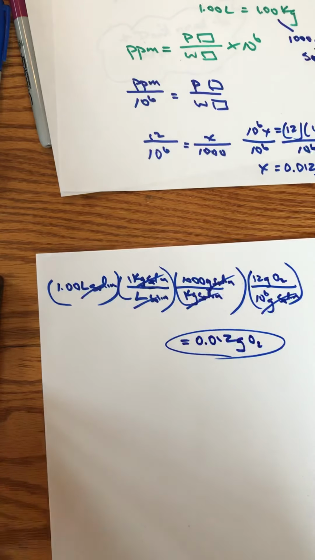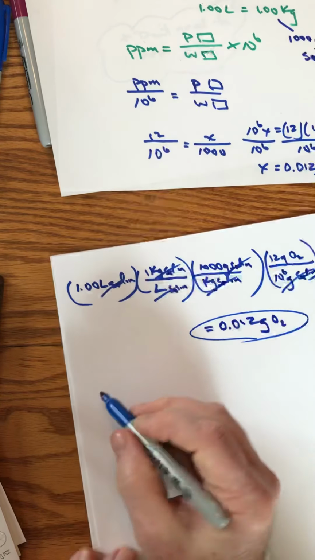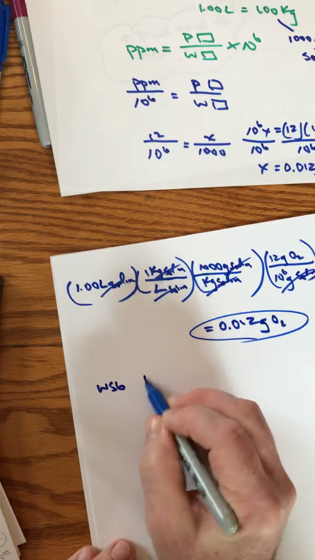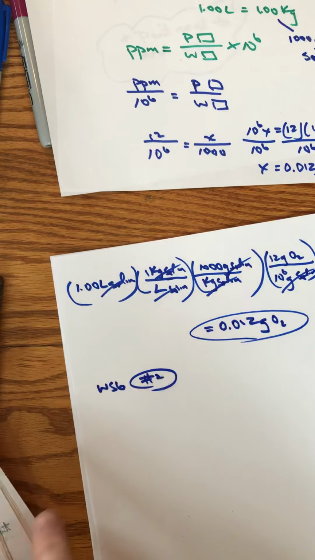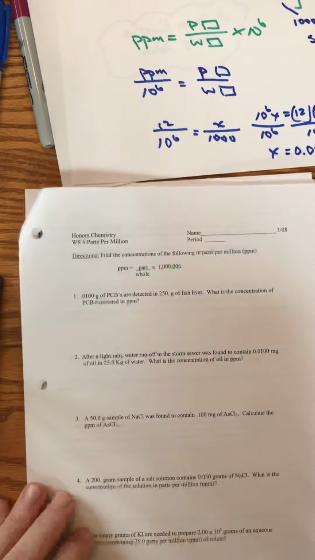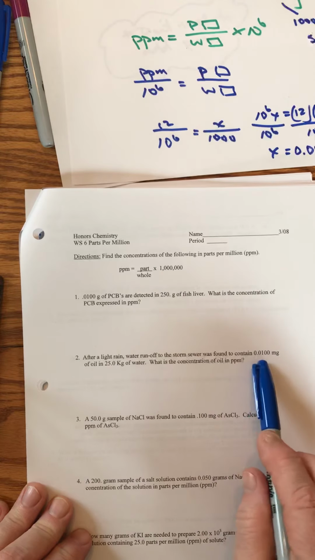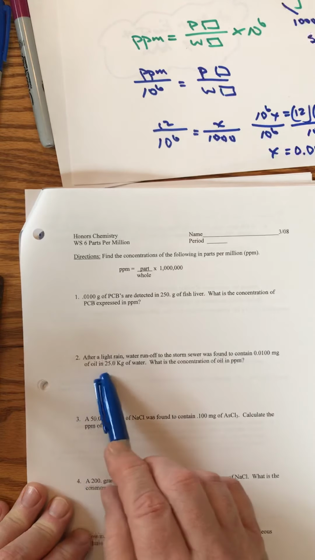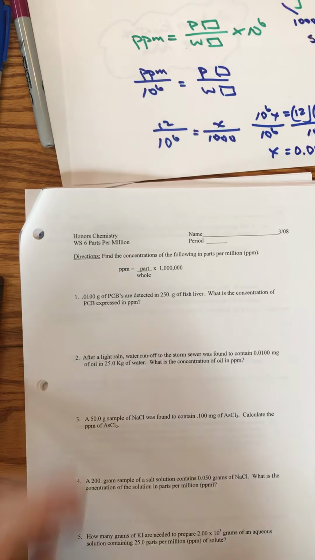Let's go over an example from the worksheet, and then I'll get you started on worksheet 6. That'll be your homework for this weekend. Okay, so I'm looking at worksheet 6, number 2. After a light rain, water runoff to the storm sewer was found to contain 0.0100 milligrams of oil in 25 kilograms of water. What's the concentration in parts per million?